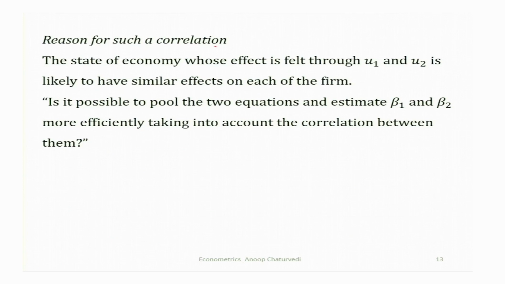The reason for such a correlation may be the state of the economy, whose effect is felt through U1 and U2 and is likely to have similar effects on each of the firms. So, whatever changes there are in the state of the economy, those changes are felt through U1 and U2, because you have not incorporated them in your model.